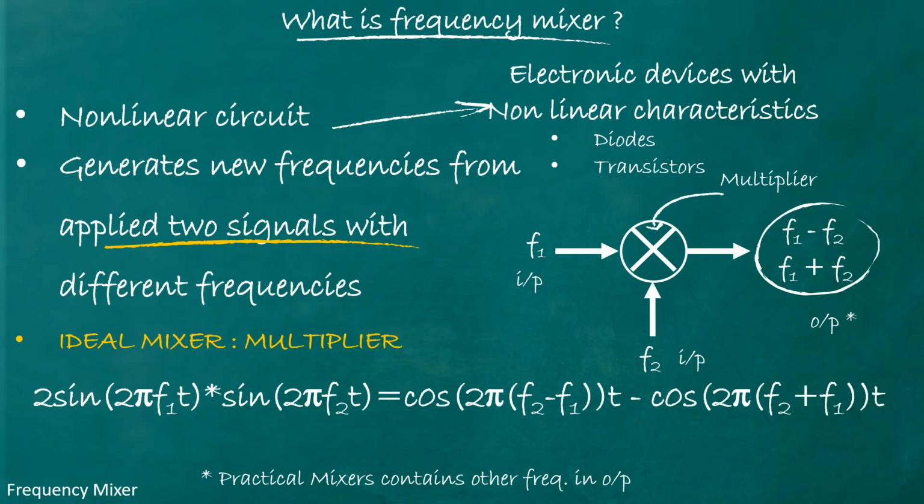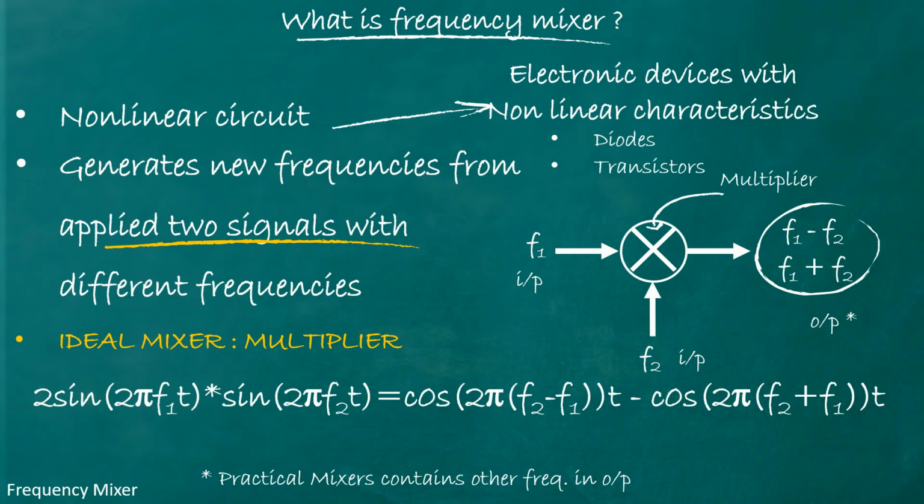Now what actually happens in this mixer circuit? This mixer circuit generates new frequencies from two applied signals with different frequencies. Meaning if we apply two frequency signals to a mixer circuit, then it generates different frequency signals, right?